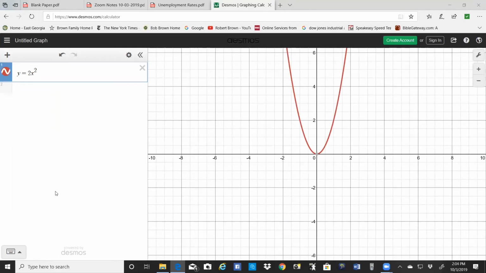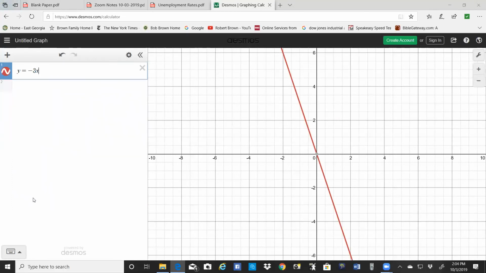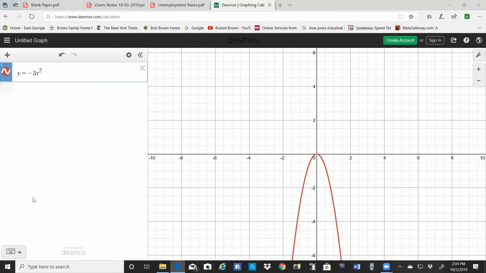I just put in y equals 2x squared and look what I got. Everybody see that? Yes, sir. I'm going to put in minus 3x squared plus 2x plus 3.